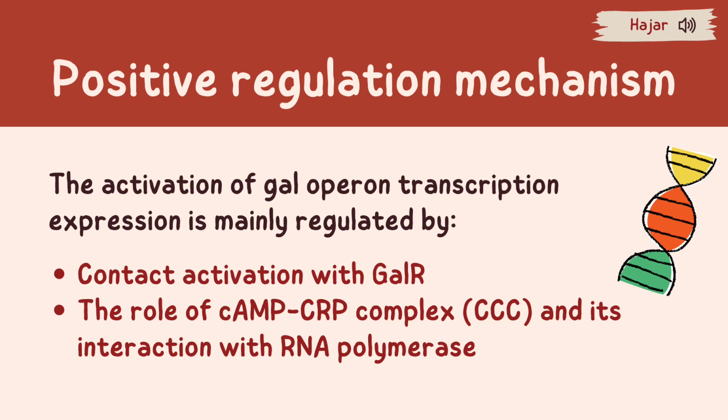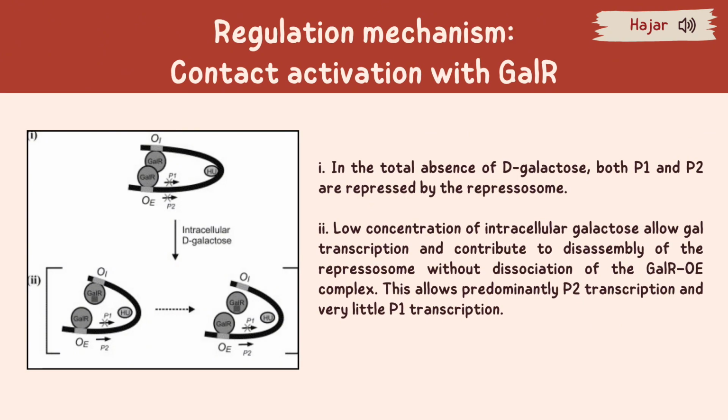Moving on to the positive regulation mechanism. The activation of gal operon transcription is mainly regulated by contact activation with GAL-R and the role of the cAMP-CRP complex (CCC) and its interaction with RNA polymerase. Referring to the picture shown, in the total absence of D-galactose, both P1 and P2 are repressed by the repressosome through formation of the DNA loop as explained earlier.